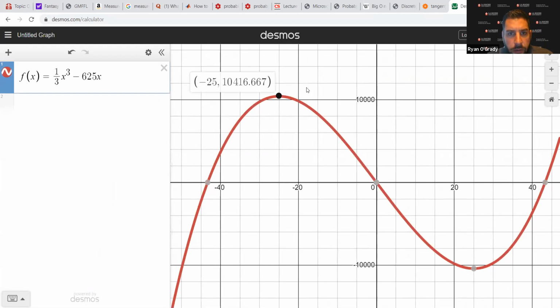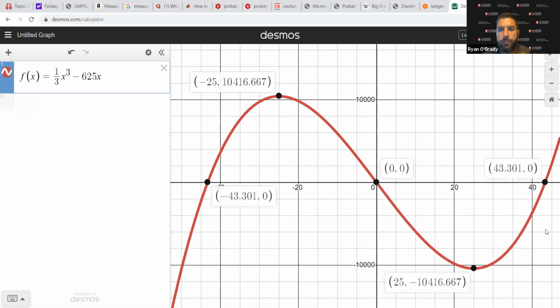And by the way, you can see more exact values here of your max and min, and even the x-intercepts. All right, does anybody have a comment or a question?